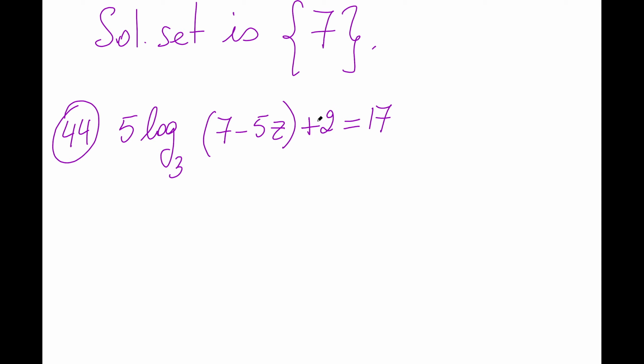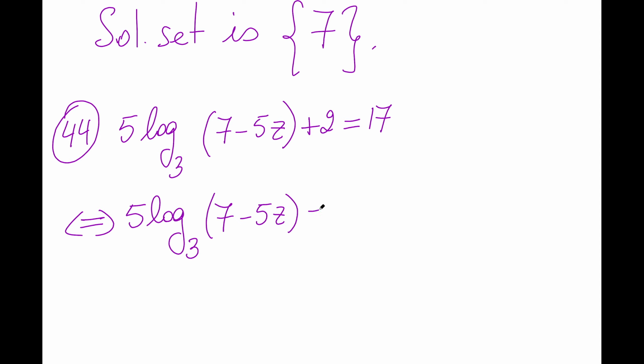So let's move the non-z's to the right side. The only non-z on the left side is 2, right? Let's move it to the right by subtracting 2. So we get 5 times log base 3 of 7 minus 5z is equal to 17 minus 2, which is simply 15. Correct?